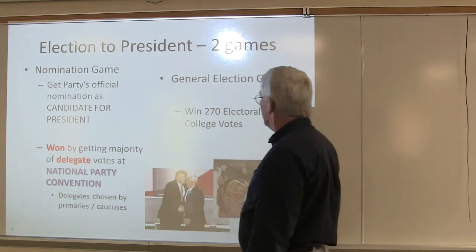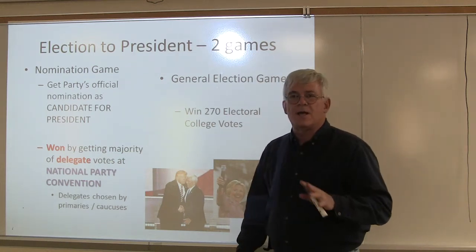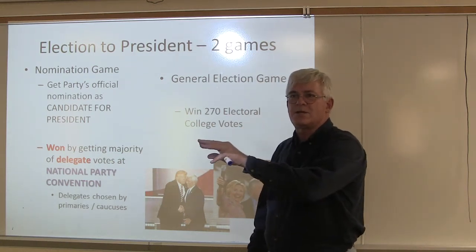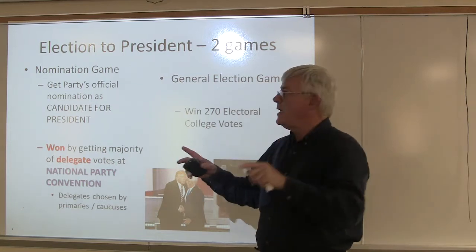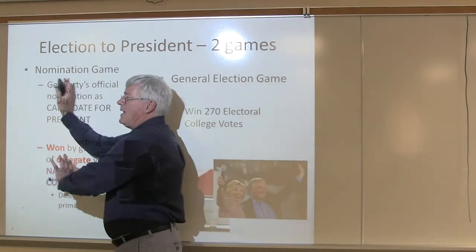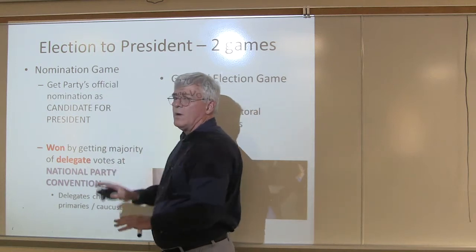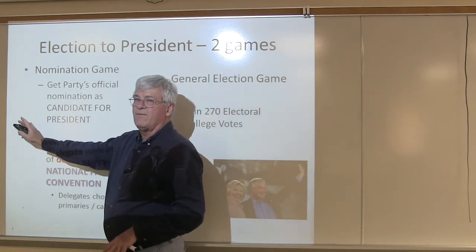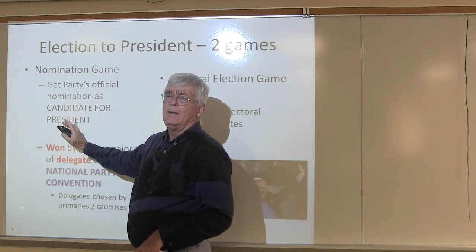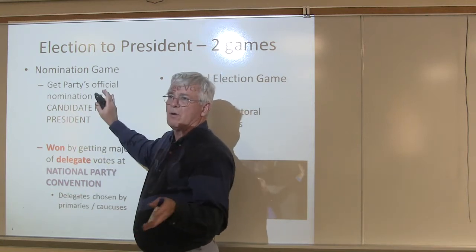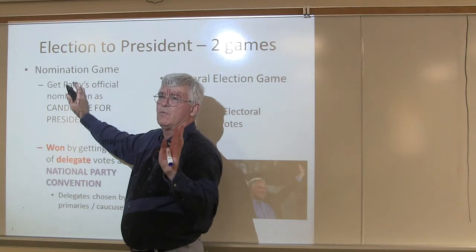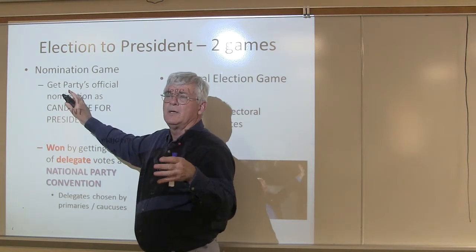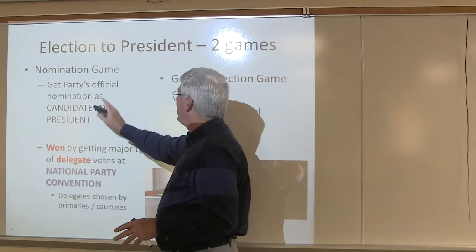All right? So when we're going to talk about examples, we're going to talk about 2016 because that was a competitive process for both the Republicans and the Democrats. In 2016, it was Hillary versus Bernie mainly. In the Republicans, it was Trump versus Kasich versus Rubio versus Cruz, and a bunch of other people. All right?